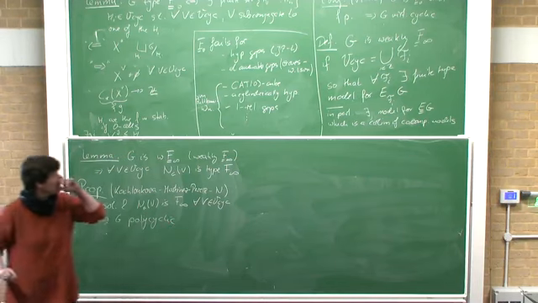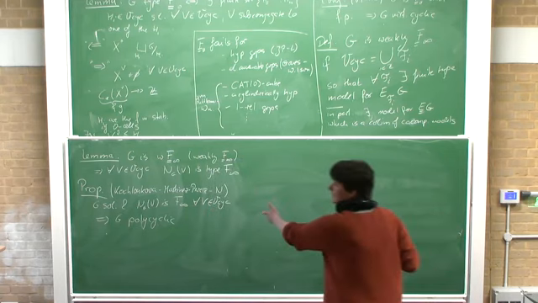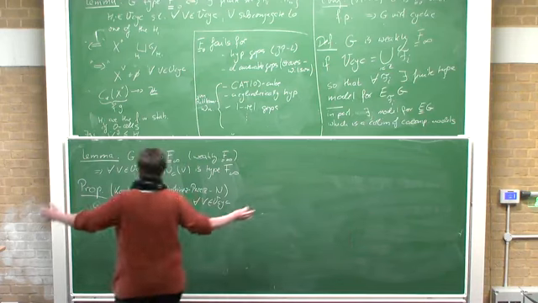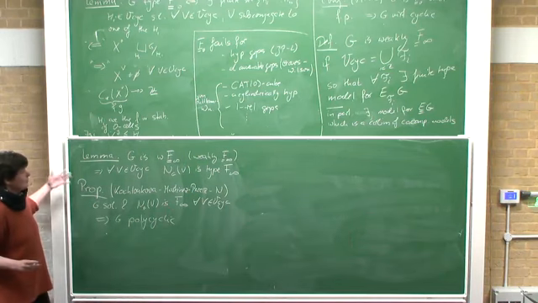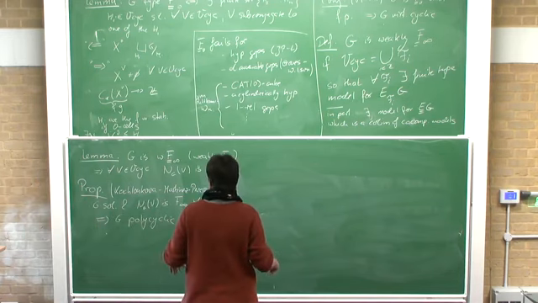So it's pretty strong. You would have hoped that for soluble groups of type F_infinity, just without any other condition, you already have a cocompact model for E bar G. Things are bad.